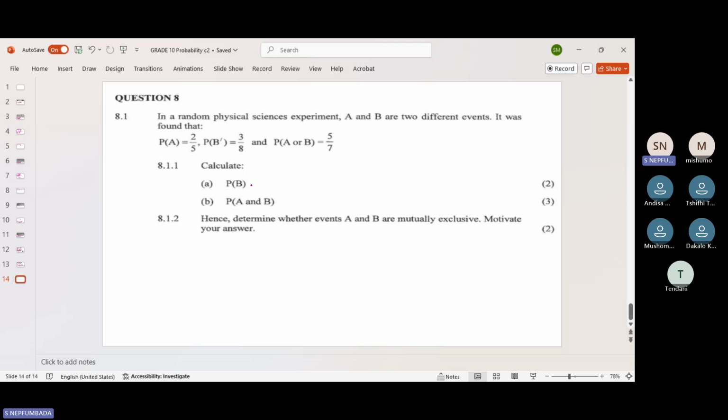Calculate the probability of B. What are we given about B? It's a complement.